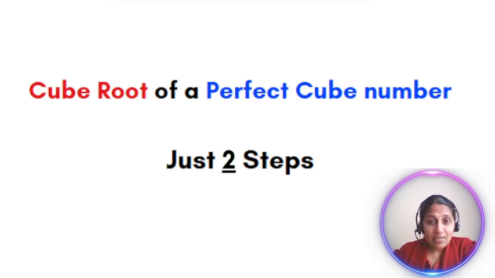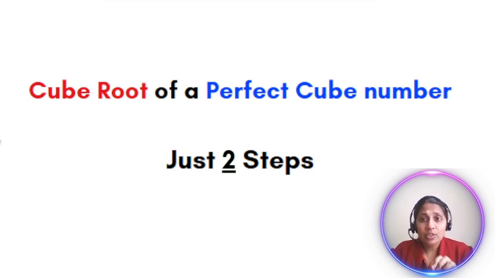So let's begin the actual problem, which is finding the cube root of a perfect cube number. Rarely do you get a question on finding the cube root of a non-perfect cube. So in this lesson, we are going to see only the cube root of a perfect cube number, which takes just 2 steps.